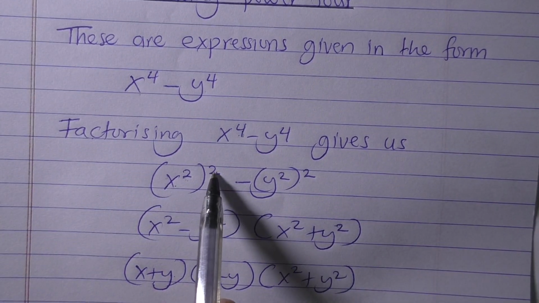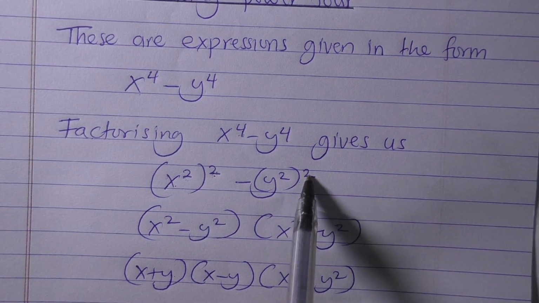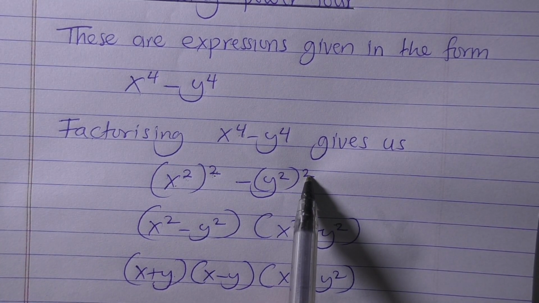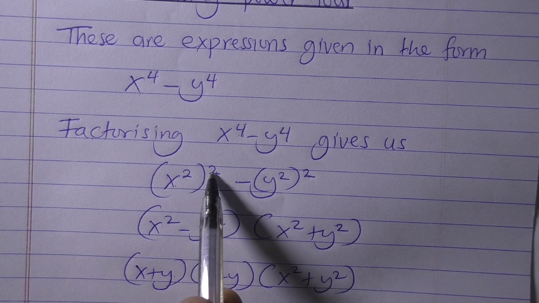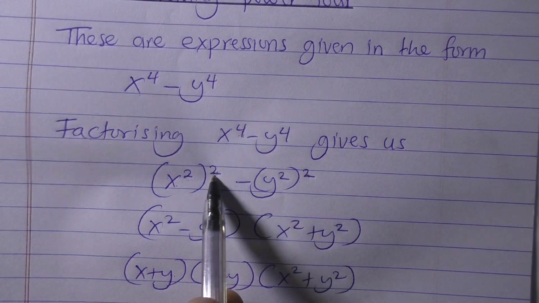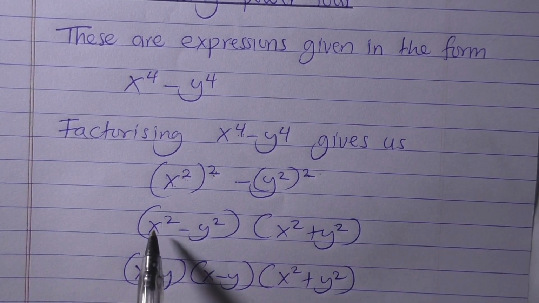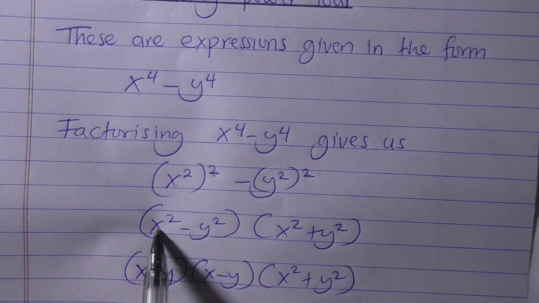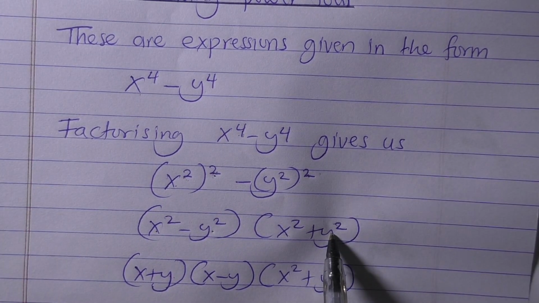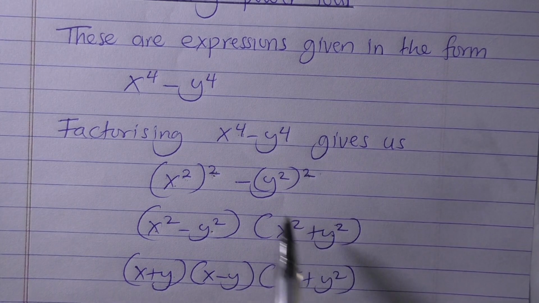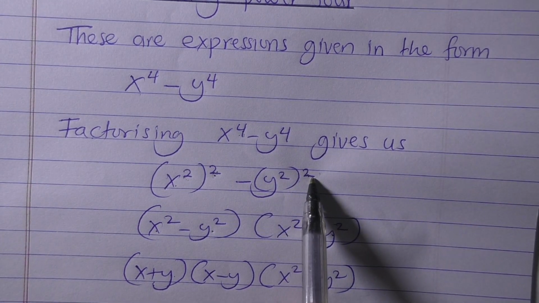But we consider the outside powers first, meaning that as we are factorizing this, we shall first of all consider the outside powers. Hence it gives us x squared minus y squared into x squared plus y squared. That is if we are considering the outside powers.